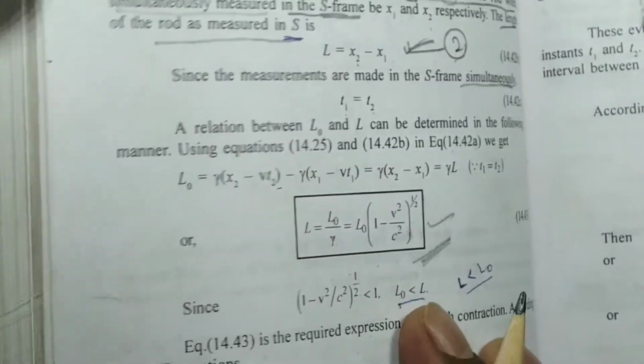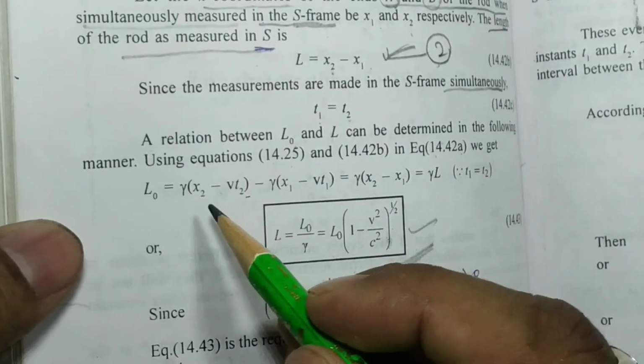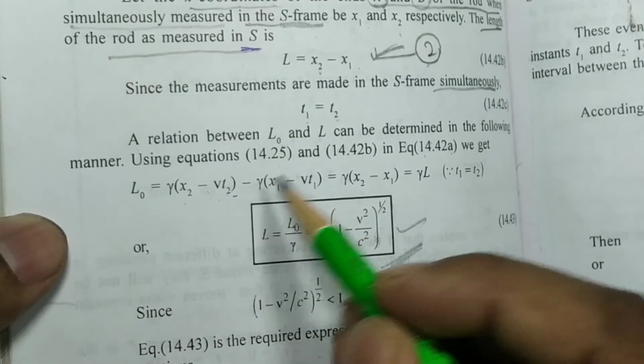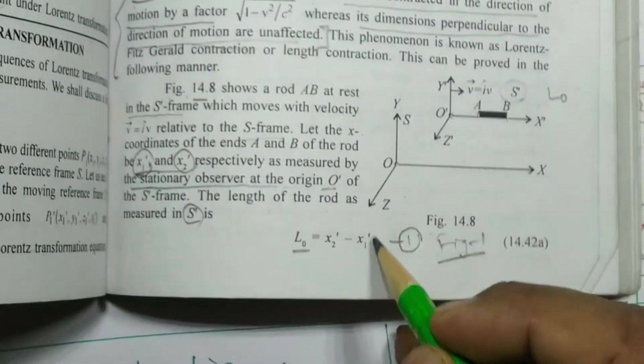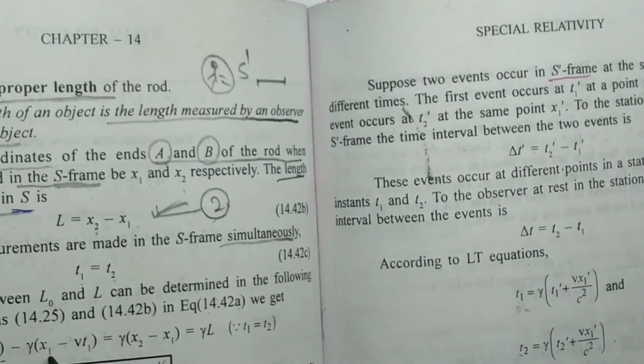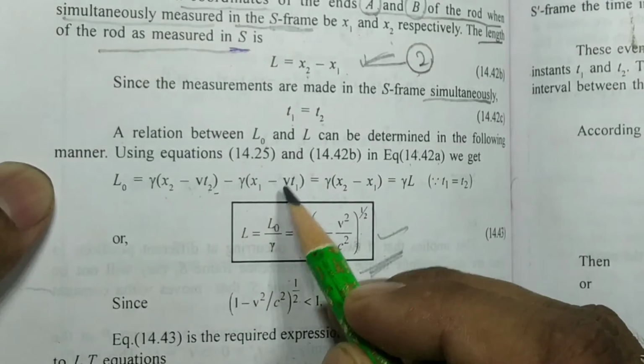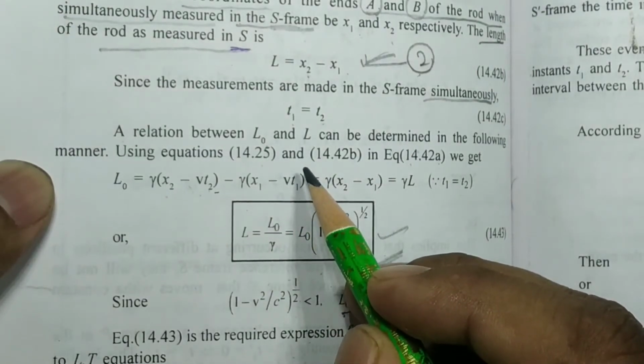Instead of x2 dash we can write gamma (x2 minus Vt2), minus, instead of x1 dash, gamma (x1 minus Vt1).